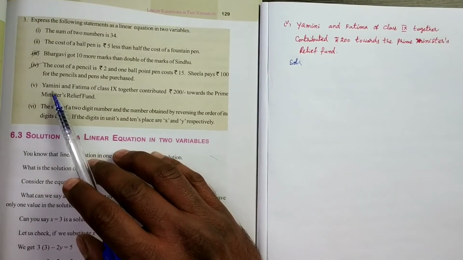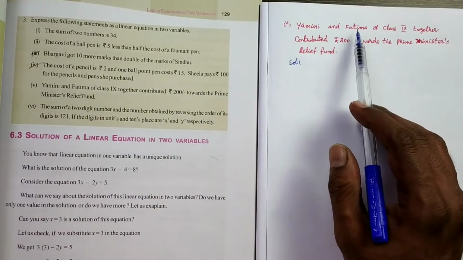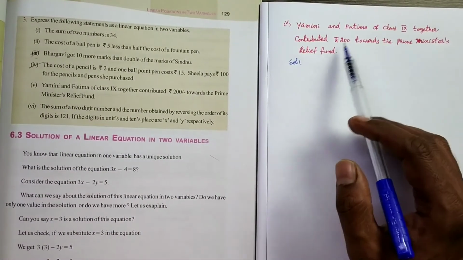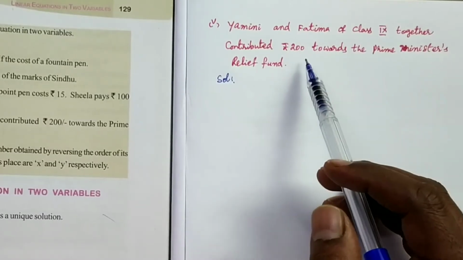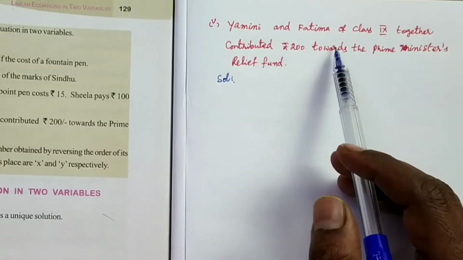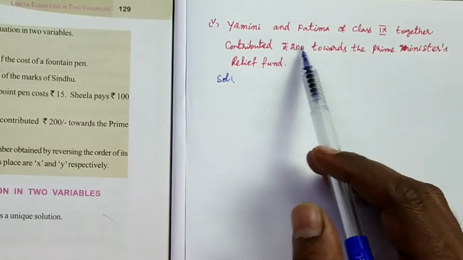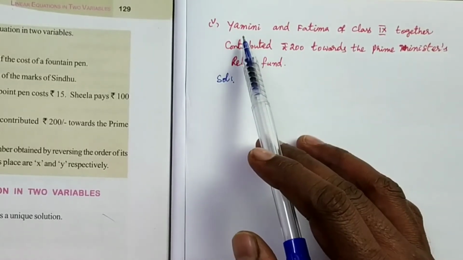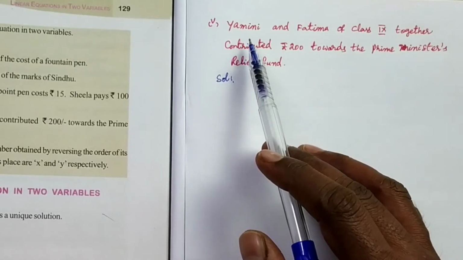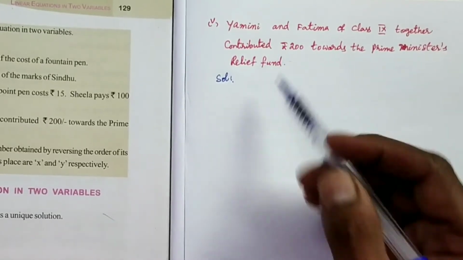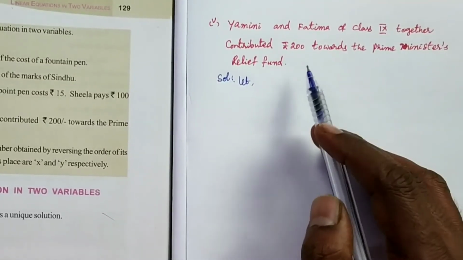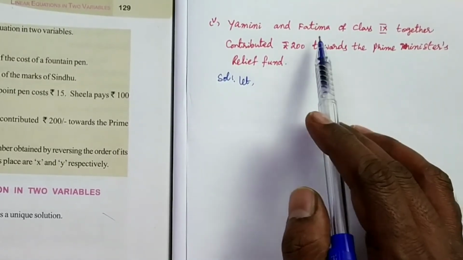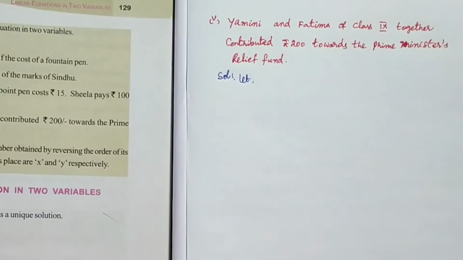The fifth question is: Amni and Fatima of class 9th together contributed 200 rupees towards the Prime Minister's Relief Fund. So here Amni and Fatima contributed 200 rupees, but individually we don't know how much they contributed. So let the contribution of Amni be x and the contribution of Fatima be y.